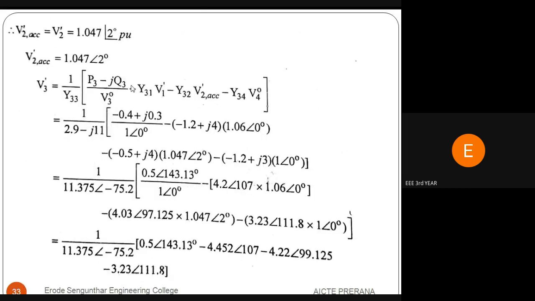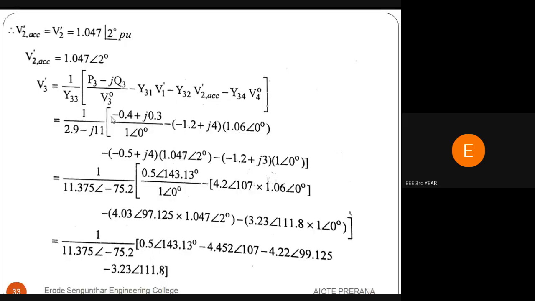So minus 0.4 plus j0.3. Why does it become minus? Because for a load bus we have to consider minus. For a generator bus, no need to consider minus. So 0.4 plus j0.3 divided by V3 naught, whose value is 1 at an angle 0, minus Y31, minus 1.2 plus j4 taken from the Y bus matrix, and the V1 naught value is 1.06 at an angle 0.